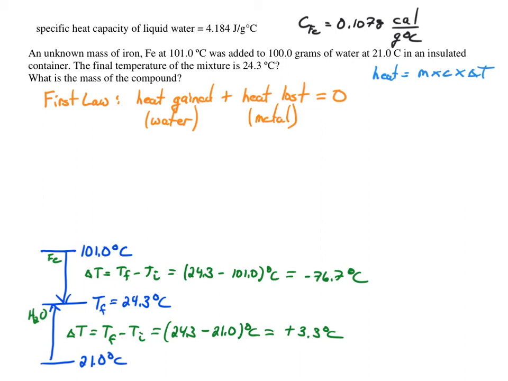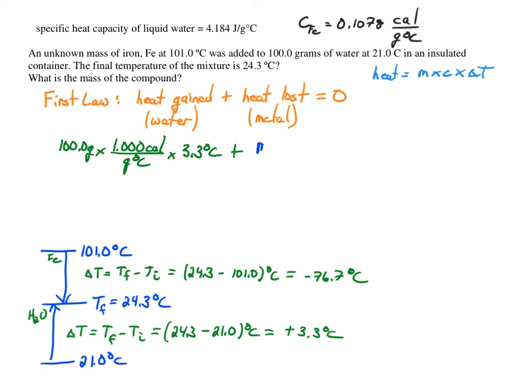So the water bath has a mass of 100 grams. Its heat capacity, we're going to use calories, is 1.000 calories per gram degree C, and the delta T, as we said, is 3.3 degrees C. We're going to add that to the heat involved with the metal changing temperature.